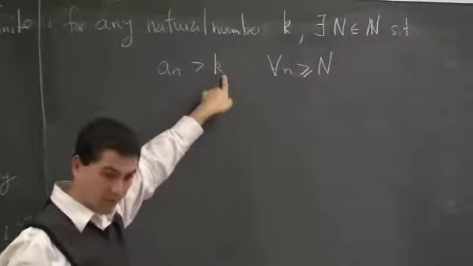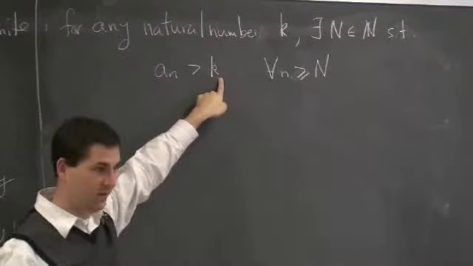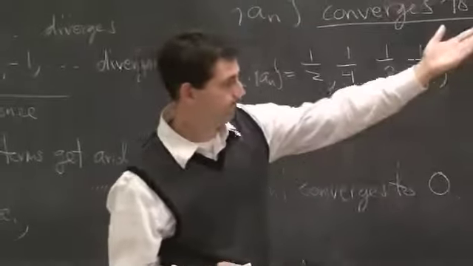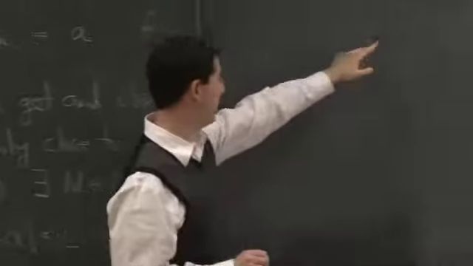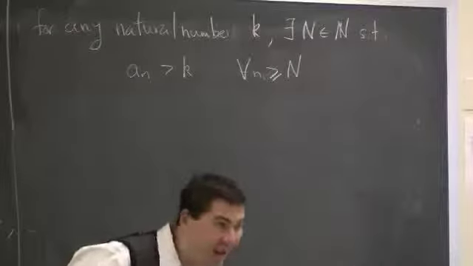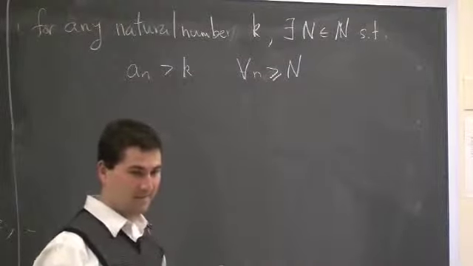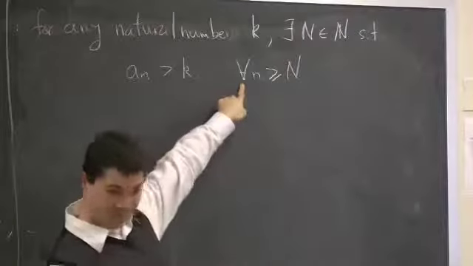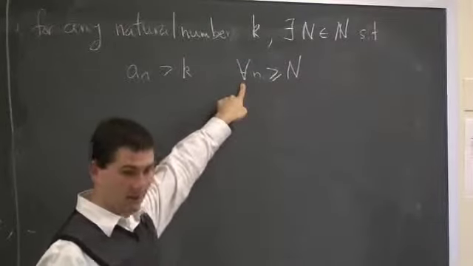How do I know it's staying arbitrarily large? What's the key ingredient here that tells me it's staying arbitrarily large? Yeah, this upside down A, which means for all.